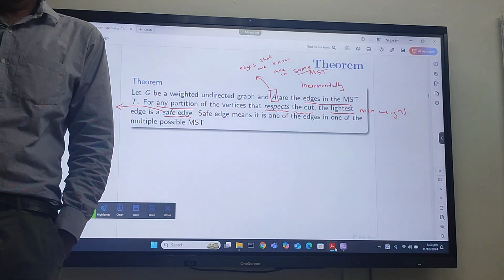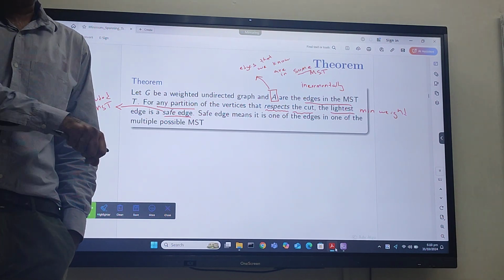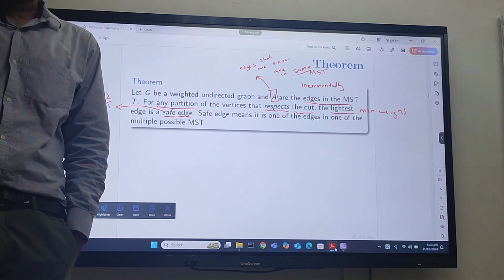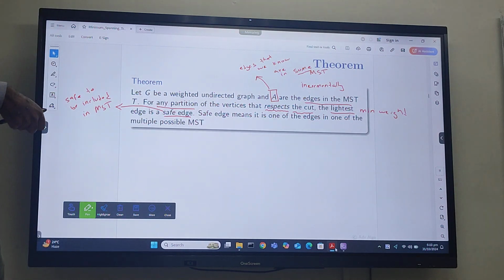Initially, the edges that we have chosen for the MST will be all empty. In the first iteration, we will include one edge. In the second iteration, we will include another edge. And in each iteration, we will be including one edge at a time.